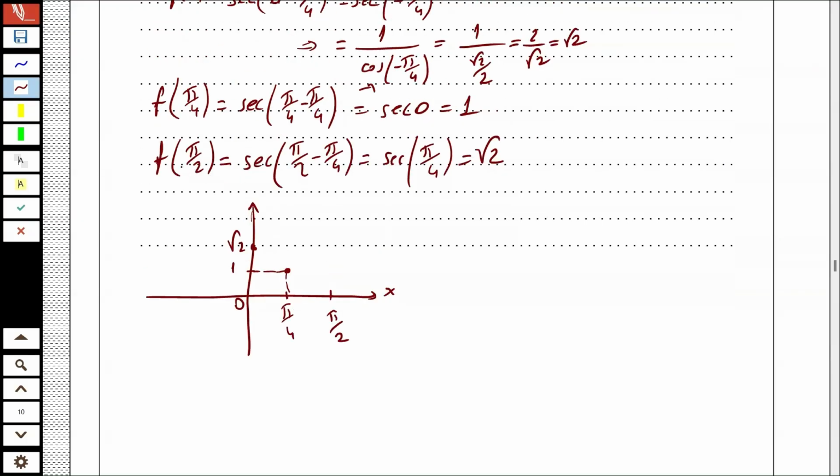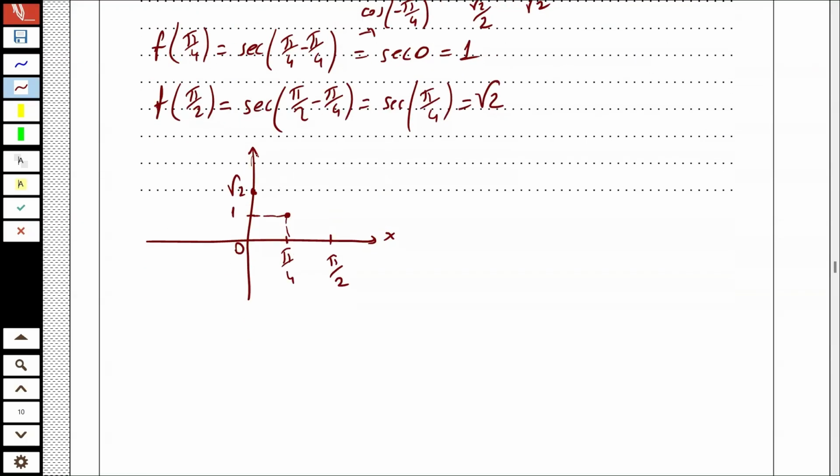When we substitute pi over 2, the output is square root of 2, same here. So our graph is like this. From here, you can say that the range of f is between 1 and square root of 2.